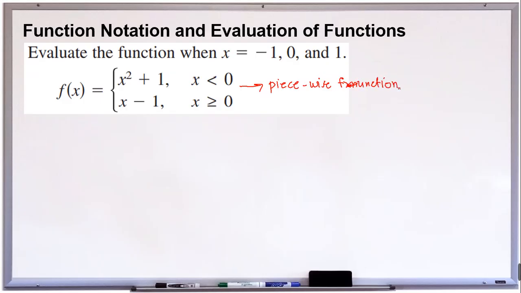The reason why it is called a piecewise function is that for given values of its domain, just like this one, we have x less than 0, so that is all real numbers from negative infinity to 0 but excluding 0. So we're going to use the parenthesis.